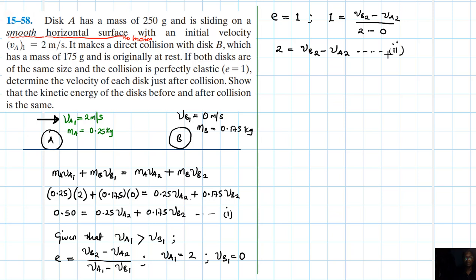Again, there are a number of techniques that we can use. So let me say I write this just becomes VB2 equals to 2 plus VA2, and then feeding it in there, it just becomes 0.5 is equal to, we feed it down here, so feeding it into here, this just becomes 0.5 is equal to 0.25 VA2 plus 0.175.